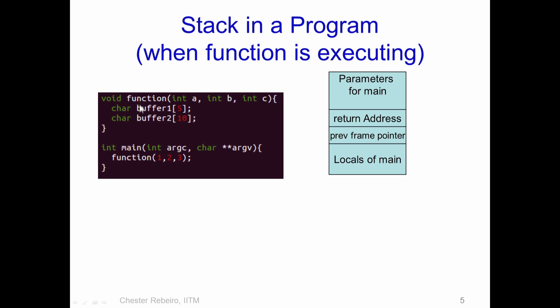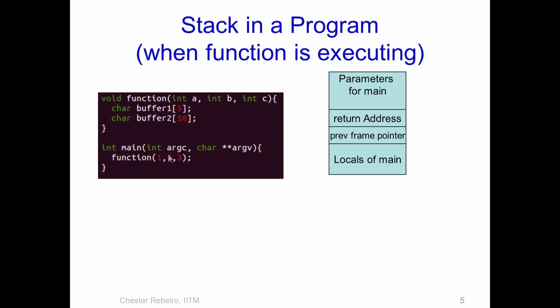As we know, when we execute this program in the system, the operating system creates a process comprising various things like the instruction area containing the text or the various instructions of this particular program, the data section, the heap, as well as the stack.